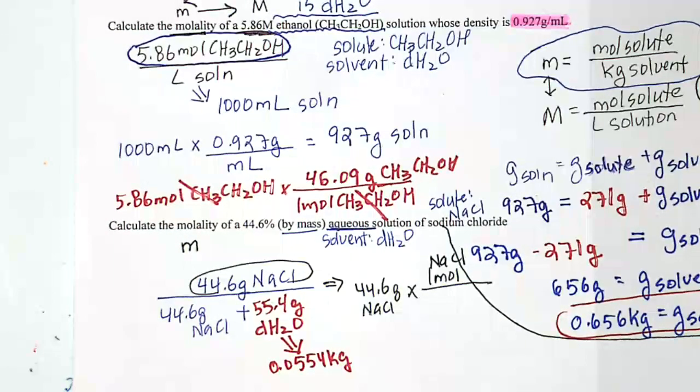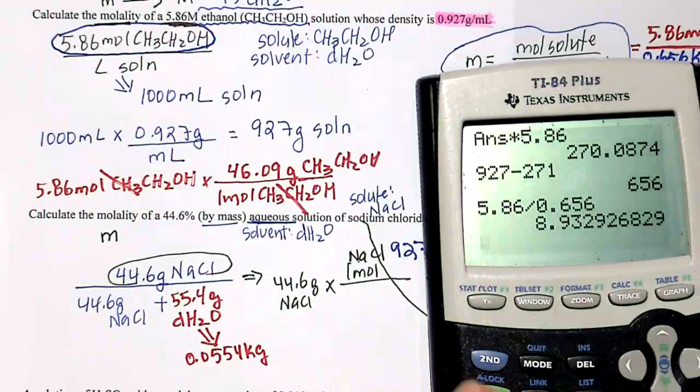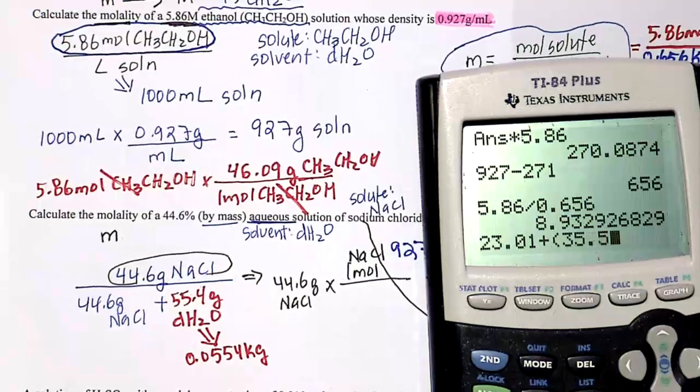1 mole of NaCl contains how many grams? Here you probably do need your periodic table, but sodium is about 23.01 and chlorine is about 35.45, I believe.